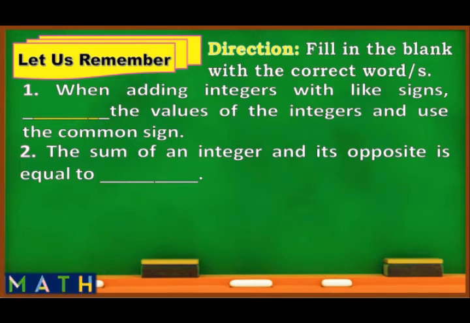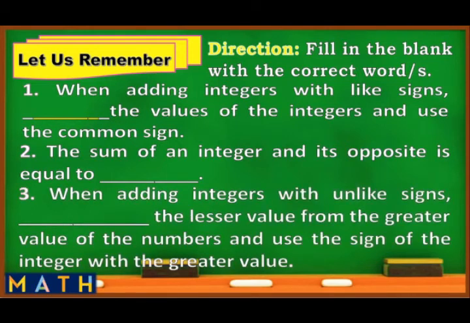When adding integers with unlike signs, blank the lesser value from the greater value of the numbers and use the sign of the integer with the greater value. I repeat, when adding integers with unlike signs, blank the lesser value from the greater value of the numbers and use the sign of the integer with the greater value.